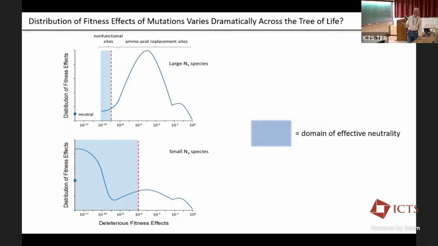This is just the fraction of new mutations with different deleterious effects in this case. And people have done this in a very, very crude way, usually just thinking about mutations that are really strongly selected for, mutations that are near the balance between selection and drift, and then ones that just can't be perceived. And I'm just trying to give you an idea, just to get your head around these sort of things. So down here we'd have a small NE species.